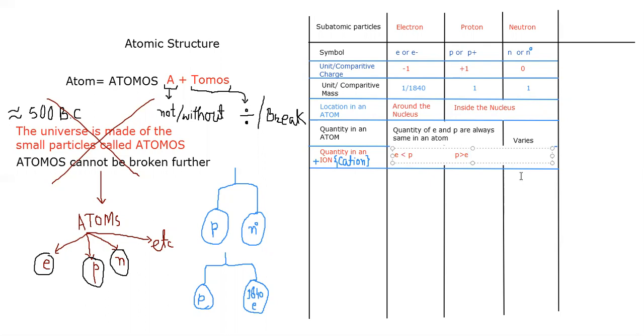But what about neutron? It varies. The same thing as in our last question, it varies. So we are more focused on the quantity of electron and proton here, especially in positive ions.